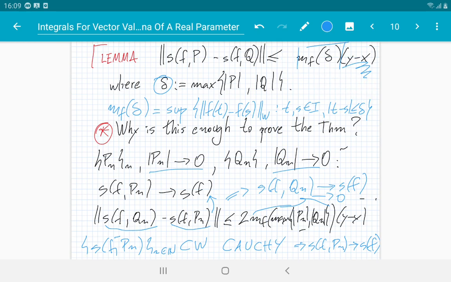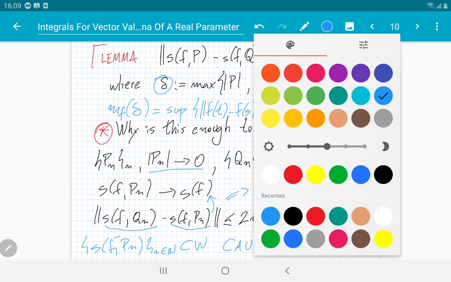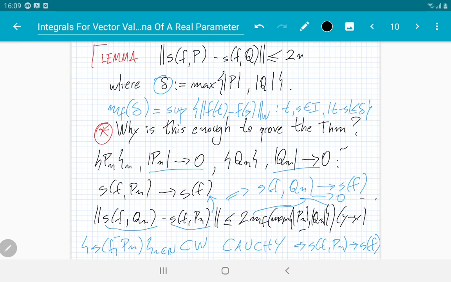Let's remember what the lemma says, just clear things up a little bit. We want to argue that this is true. Once we do that, as I noticed, the theorem will have been proven.